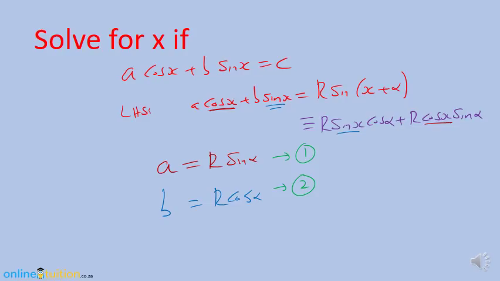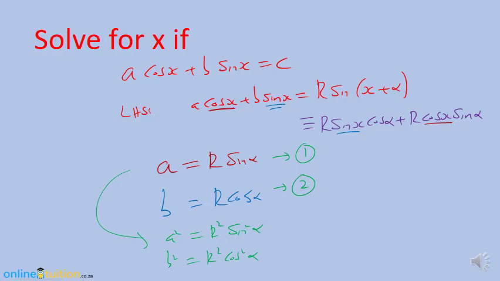So what if I squared both sides of equation 1 and squared both sides of equation 2? Equation 1 gives me a squared equals r squared sine squared alpha. Equation 2 gives me b squared equals r squared cos squared alpha.